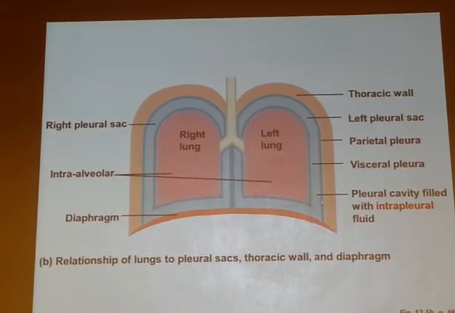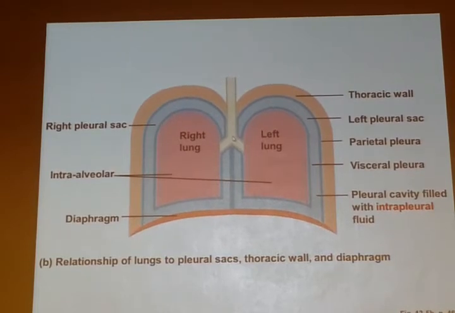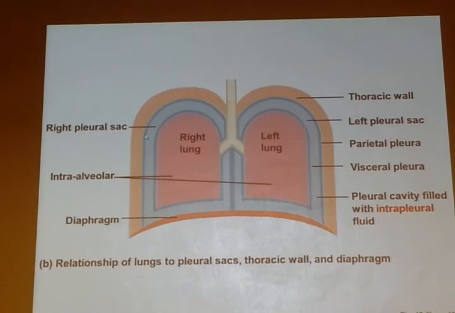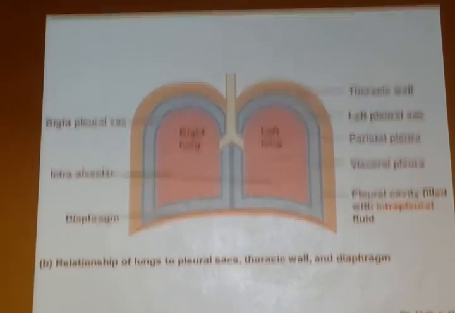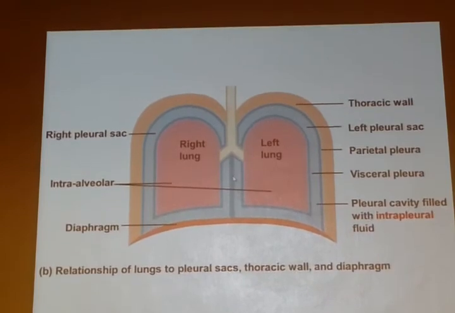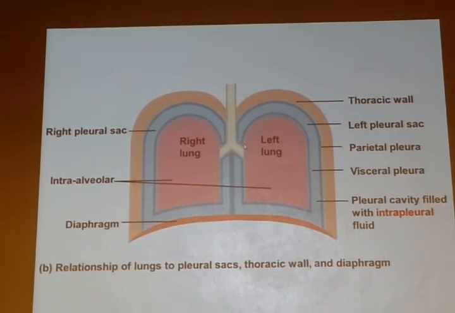You got your left and right lungs on your tracheobronchial stick. They have been pushed into your water balloons, which are your pleural membranes, and you got your parietal pleura stuck to the chest wall and the diaphragm, and the mediastinal structures, and then the visceral stuck to the surface of the lung.